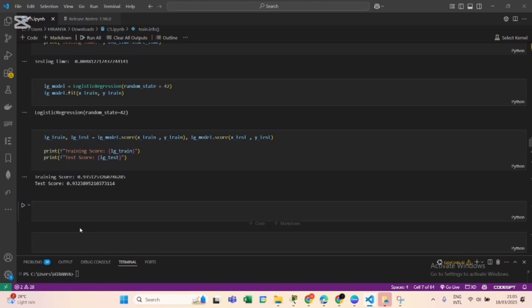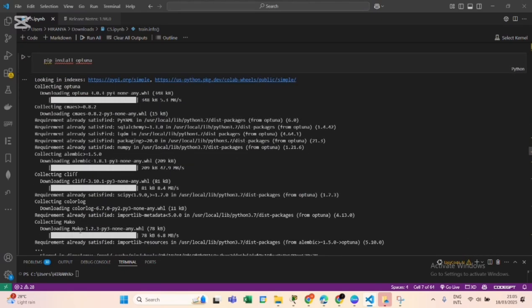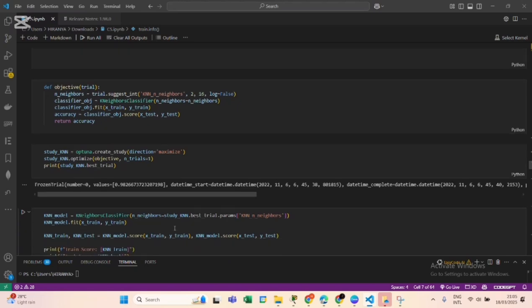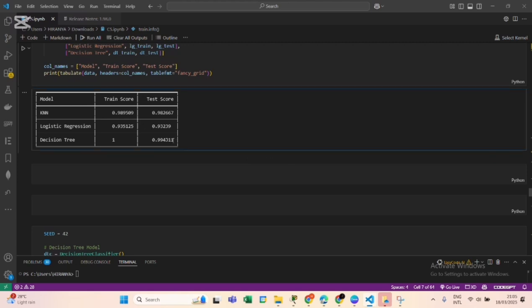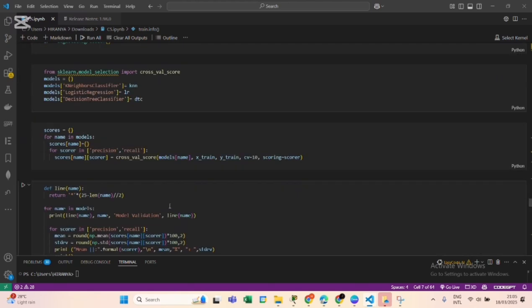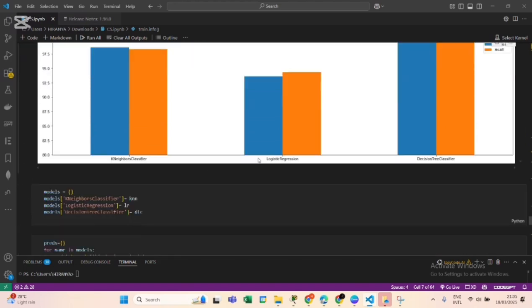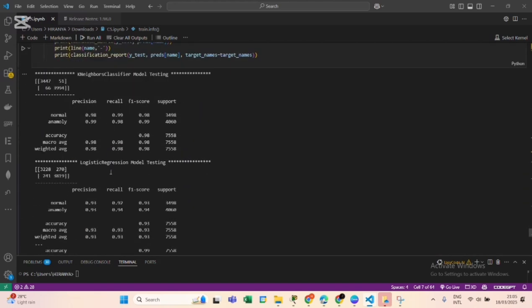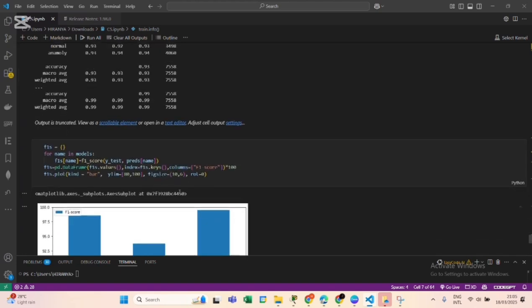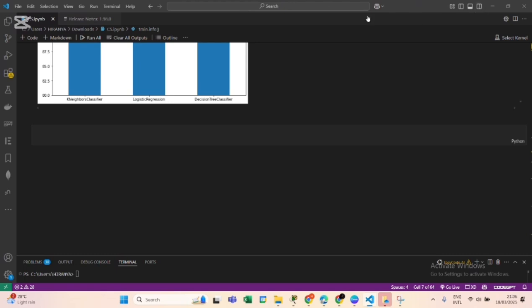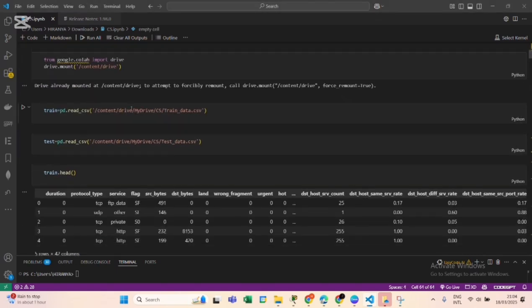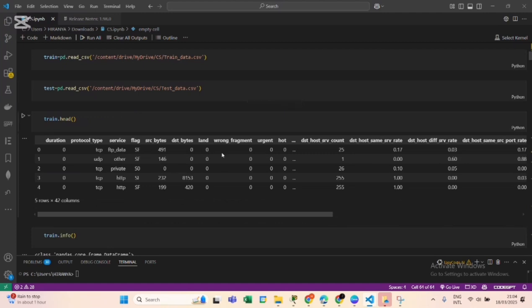To prepare the data for training, I used label encoder to convert categorical columns like protocol type, service, and flag into numbers that the model can work with. I also decided to drop the non-outbound cmds column because it didn't seem relevant for the model.